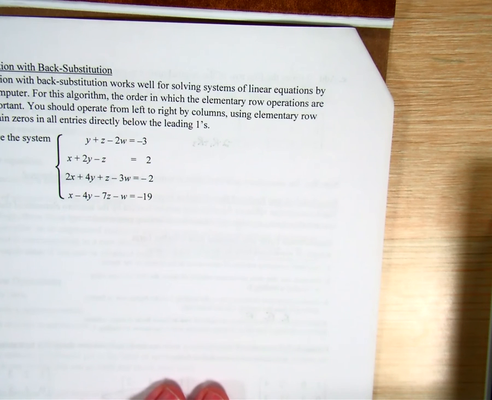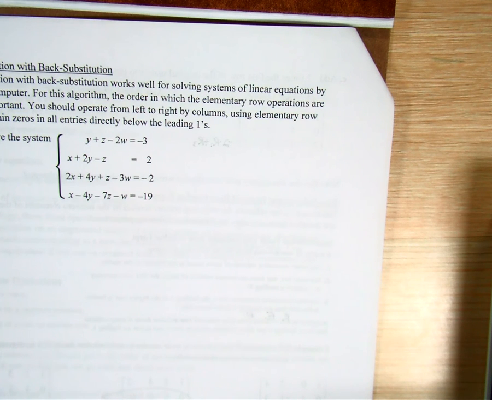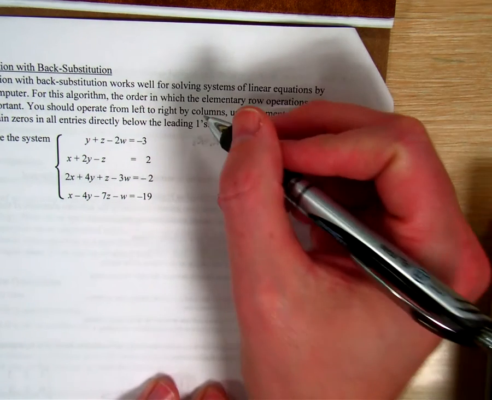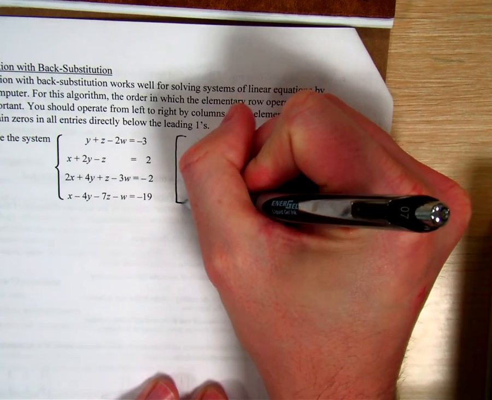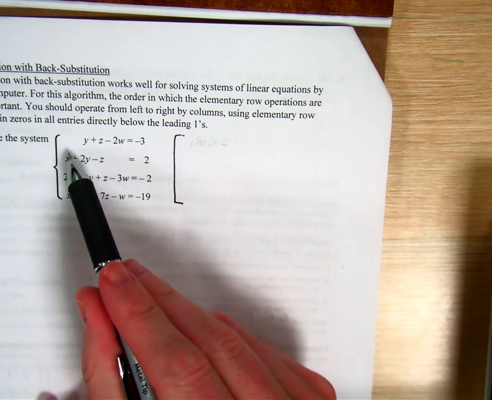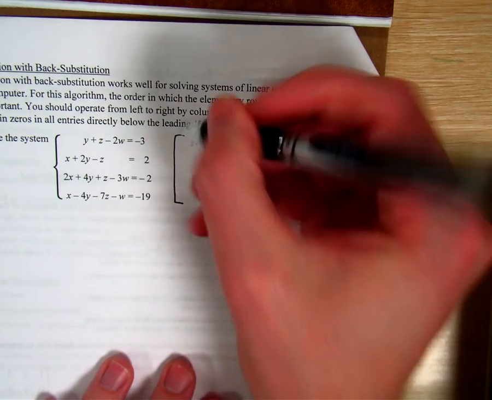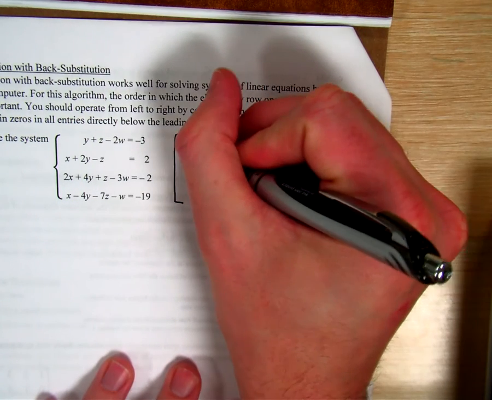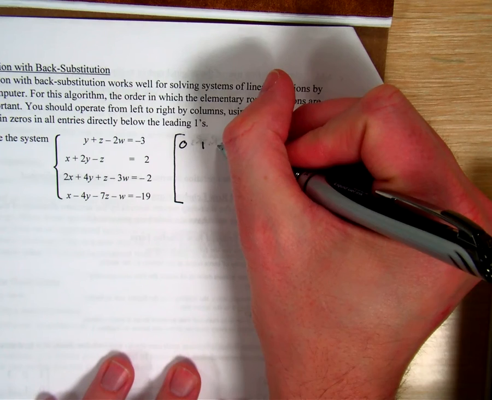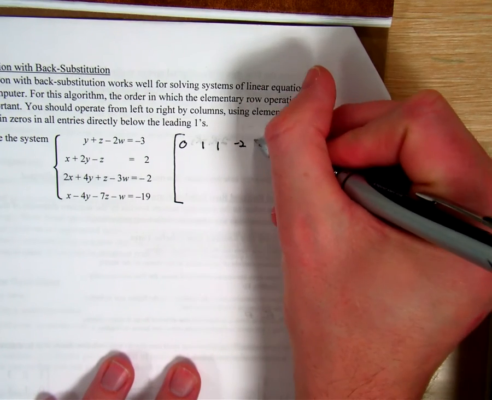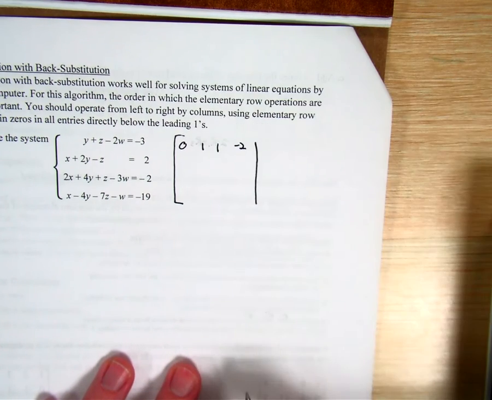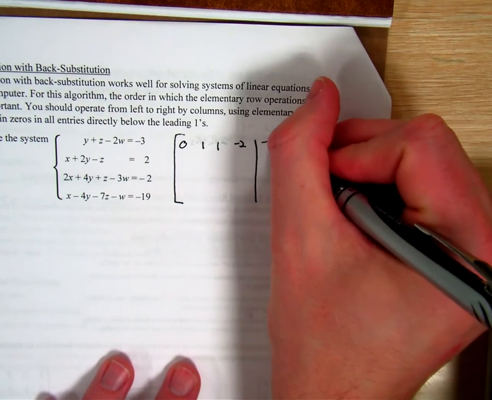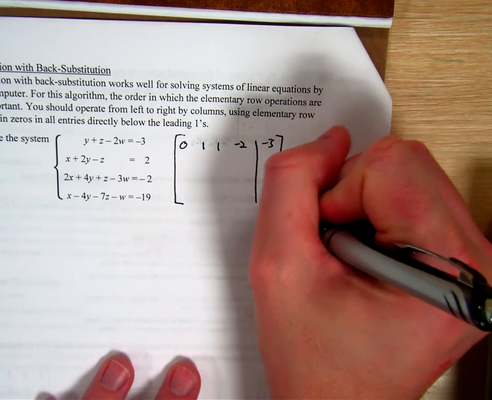We'll take it all the way down to the end, flip it back to an equation, and solve with our back substitution. So we have no x's, 1 y, 1 z, negative 2 w's. So we got 0, 1, 1, negative 2. I like to do the bar method here. If you want to do dots, you're more than welcome.